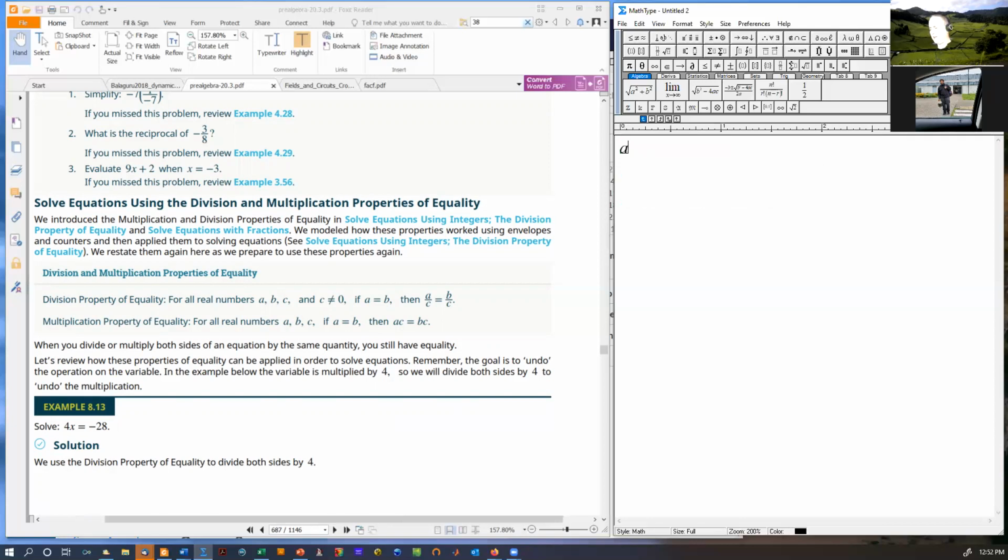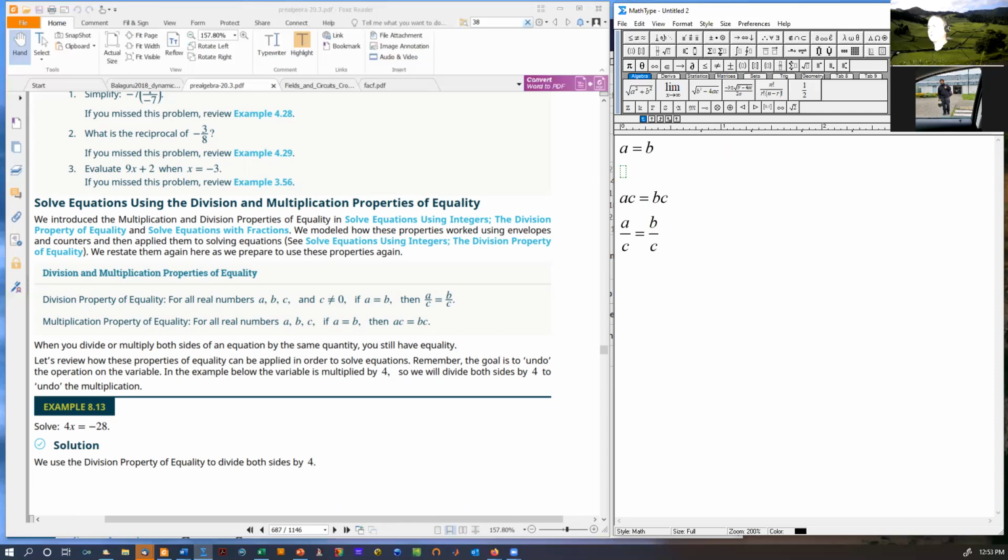So if I have A equals B, and that's true in the real numbers, and then I have a number C, which is also a real number, then A times C is equal to B times C, right? Similarly, A divided by C is equal to B divided by C, provided C is non-zero.